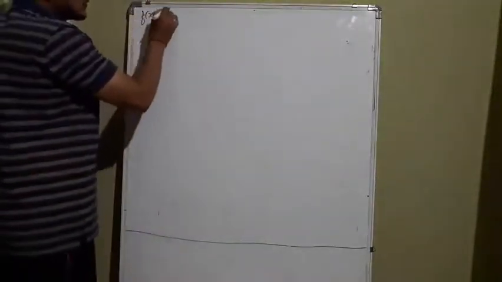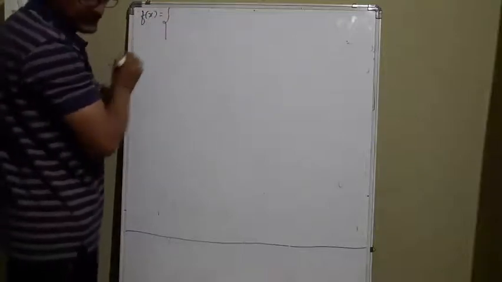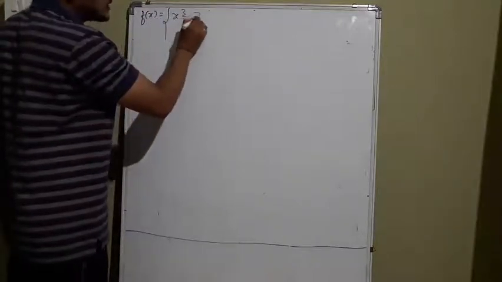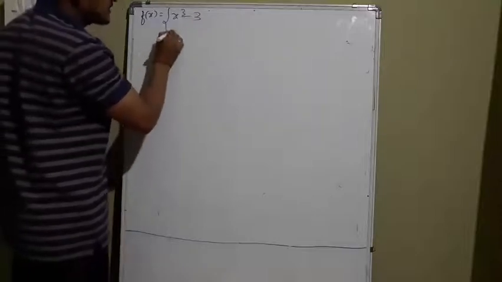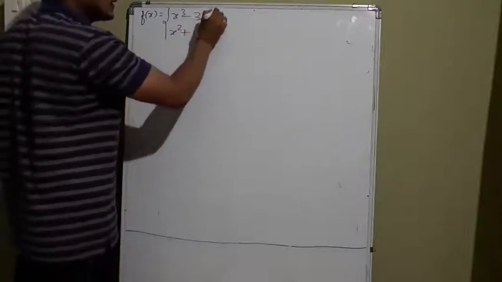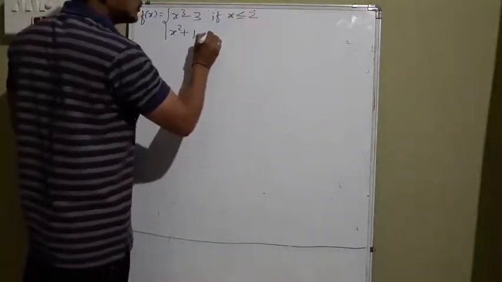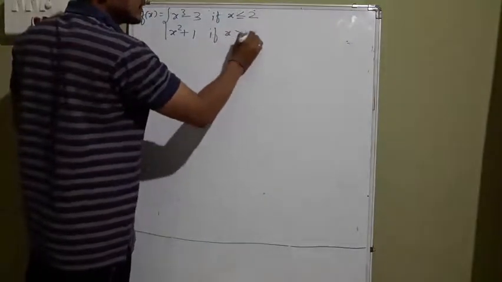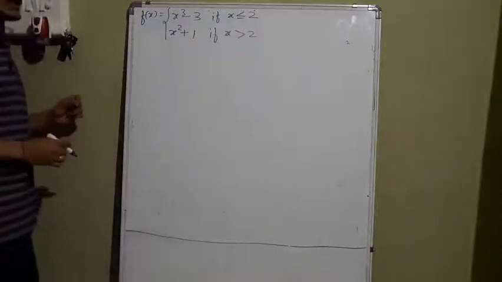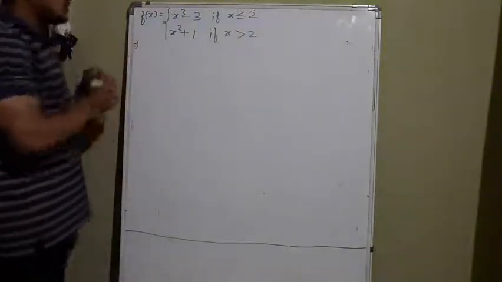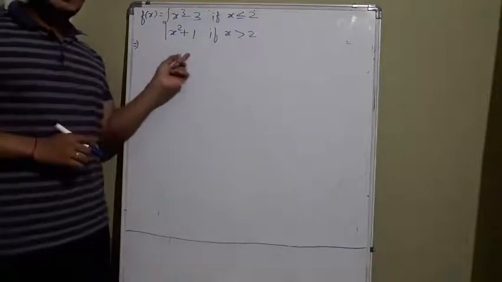f of x is equal to x cube minus 3 if x is less than or equal to 2, and x square plus 1 if x is greater than 2. Okay. So again as usual we have to write that first sentence.